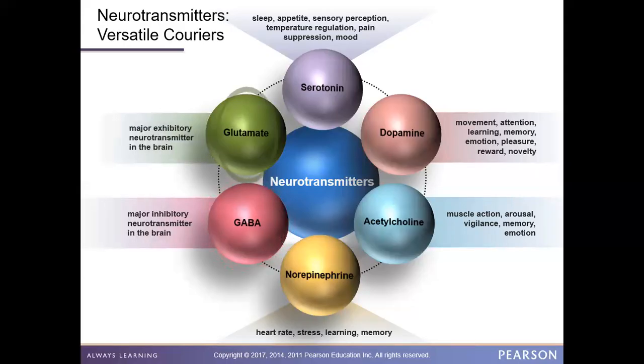GABA and glutamate are a little different. GABA is inhibitory and glutamate is excitatory. GABA brings down other neurotransmitters. Glutamate pulls them up. So it helps them to have more versus bringing them down.